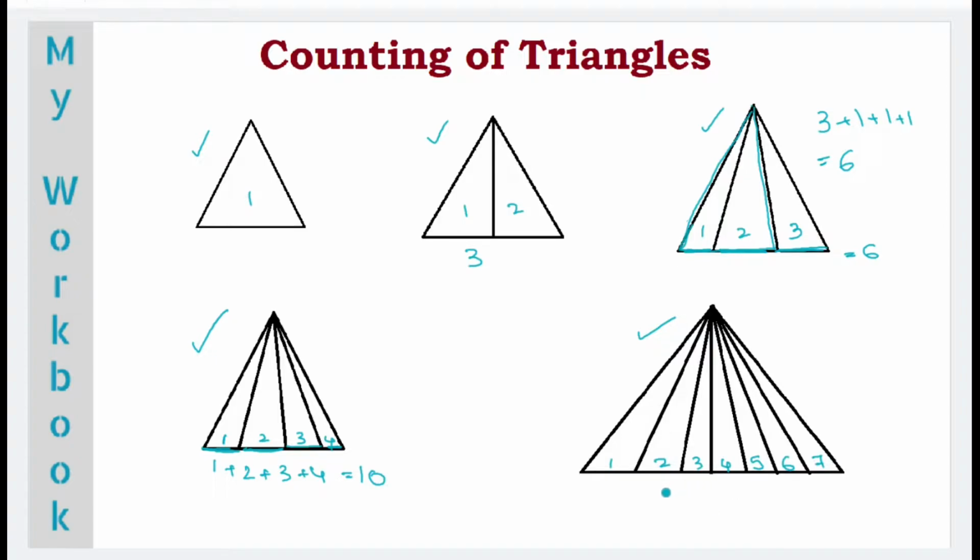And all you have to do is just add all these numbers. 1 plus 2, 3, 3 plus 3, 6, 6 plus 4, 10, 10 plus 5, 15, 15 plus 6 will be 21, 21 plus 7, 28. So 28 is the total number of triangles that can be found in this particular image. So using this shortcut, you will be able to solve this type of problems in very less time.